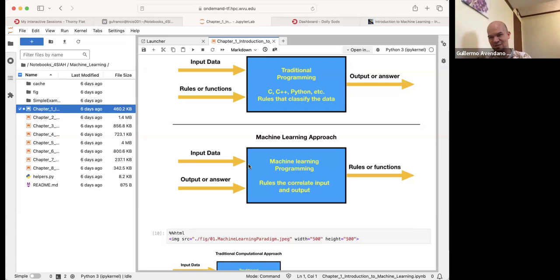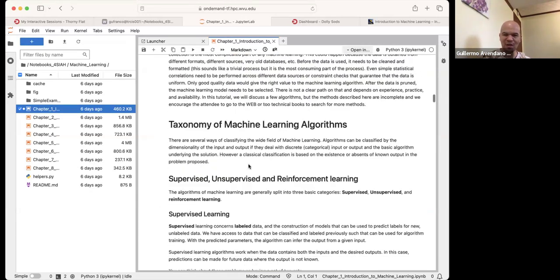For example, the classification answer or the output, or guiding the car right or wrong. And we will use this procedure to derive the parameters that will encode somehow the final functions that will solve the problem, that will produce the desired output for the data that was given. So that is the machine learning approach.